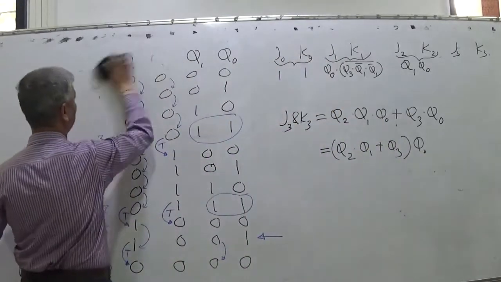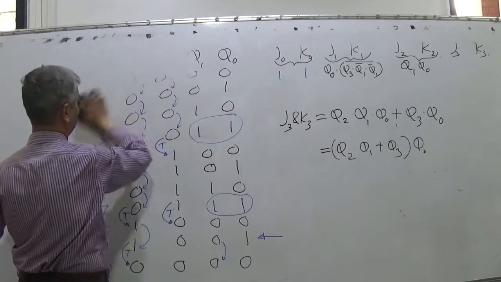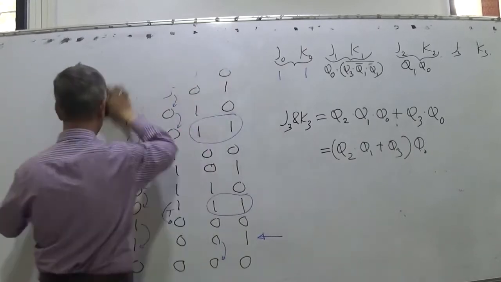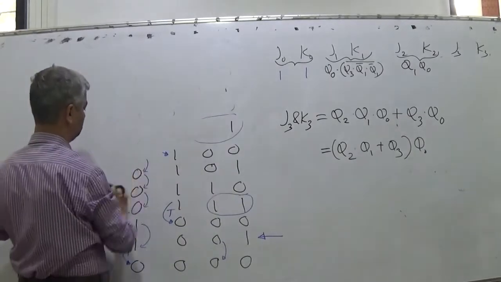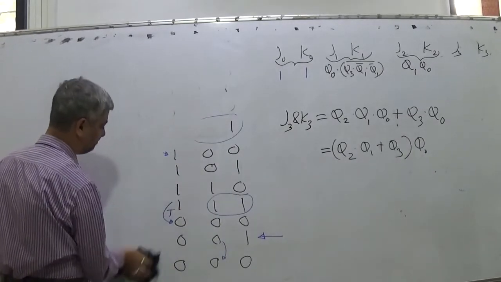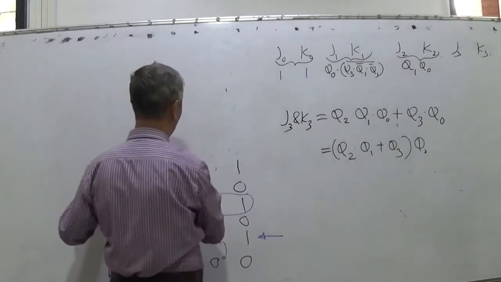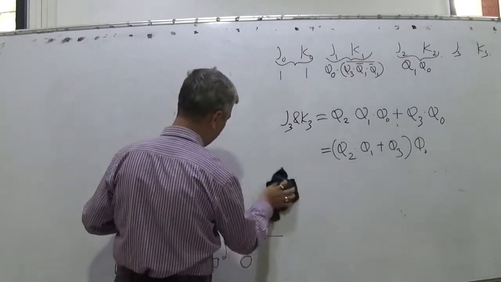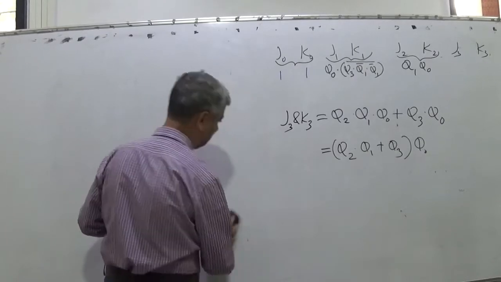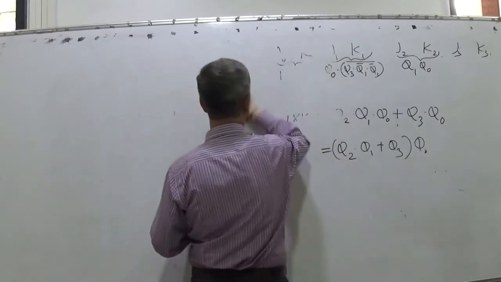All these counters are called synchronous counters. Synchronous counters means in all these counters, whatever number of flip-flops we use, the clock given to each flip-flop is the same, and we go for designing J and K of each flip-flop separately.